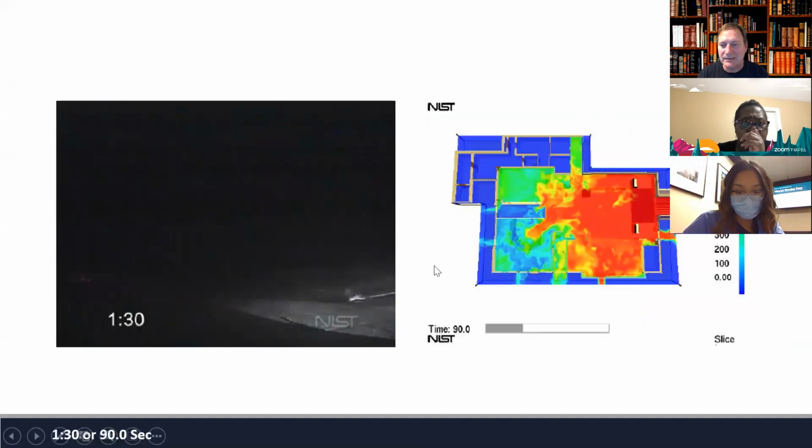By 90 seconds, we have a complete blackout situation, and we have a complete flashover, and there is absolutely no way anyone can be alive in this part of the building anymore. So from the moment the very first flame was seen until it was completely unlivable was 90 seconds.